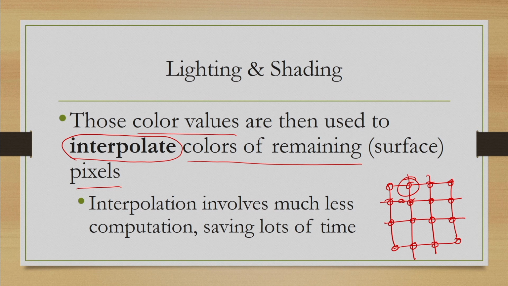So, for example, in this case earlier if we had to use the lighting model, we had to use it for 16 points. Now, we are using the lighting model say for 1 or 2 points, and then the remaining 14 or 15 points we are coloring using interpolation, which is simple iteration of simple computational steps. So, in this process we can save a lot of time.